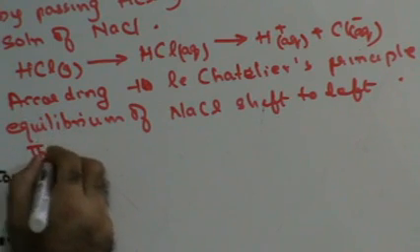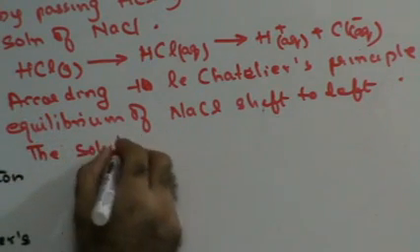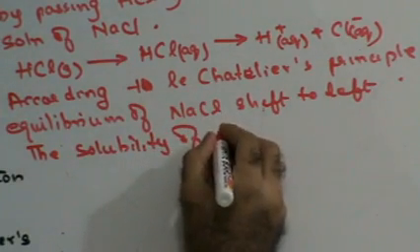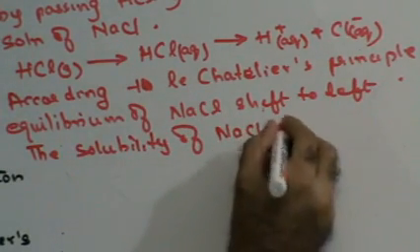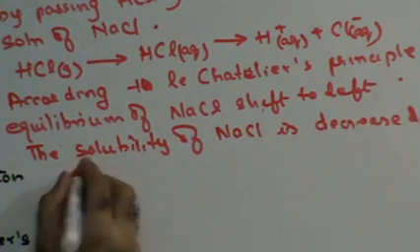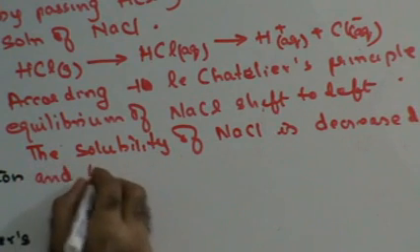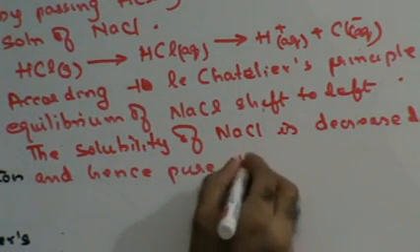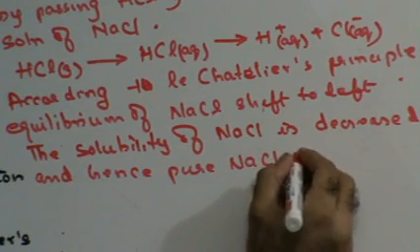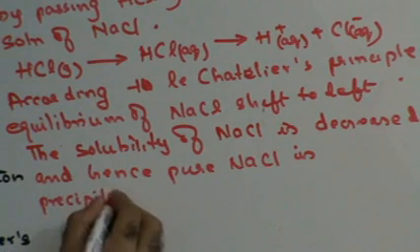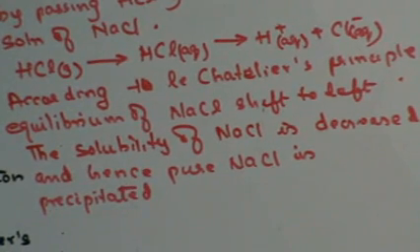The solubility of NaCl is decreased, and hence pure NaCl is precipitated. Fine. So that's the first part.